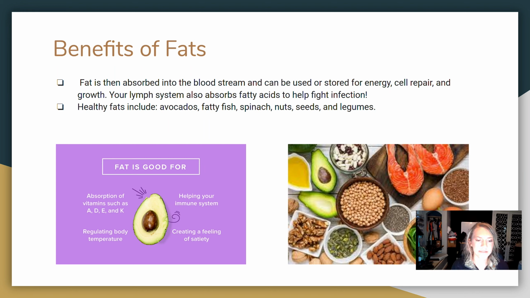It helps your immune system function properly, and it helps create a feeling of satiety or fullness. On the right, I included a picture of some healthy fats, such as avocados, fatty fish, spinach, nuts, seeds, and legumes.